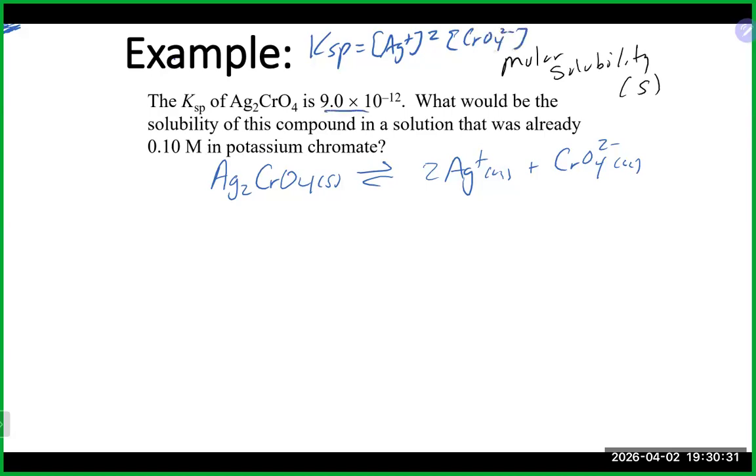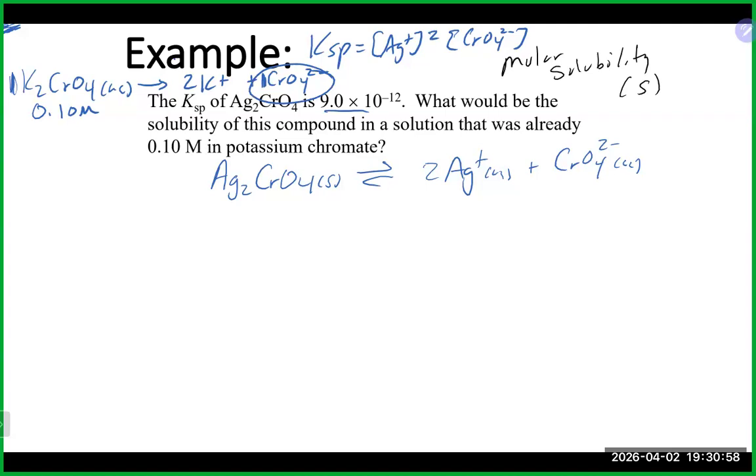And that is equal, obviously, to our Ksp that was given to us. Now, in this particular case, we also have potassium chromate in that solution. Because that is a salt, it will break apart into 2 potassiums and a chromate. Since the concentration of the whole thing is 0.1 molar, it is a 1-to-1 relationship between the whole thing and the chromate.